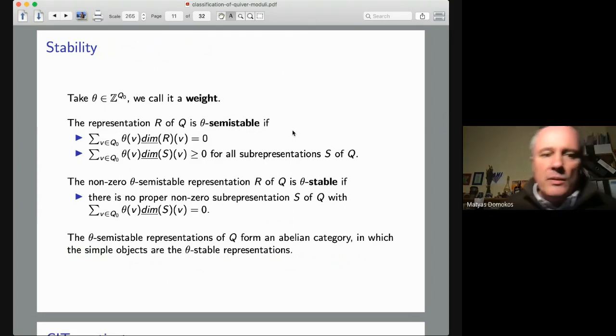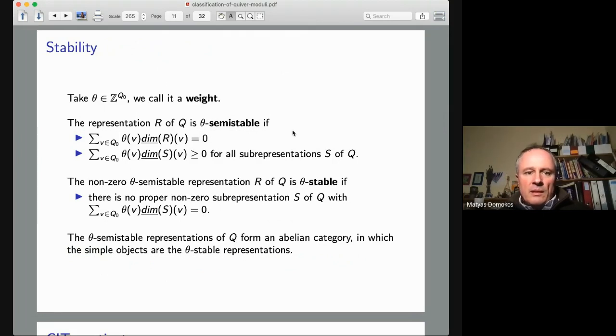And a non-zero theta semi-stable representation is called theta stable if there is no proper non-zero sub-representation S of R such that this sum over the vertices of theta times the dimension vector of the sub-representation is 0. So this sum is always positive for all proper non-zero sub-representations. Then we say that R is theta stable.